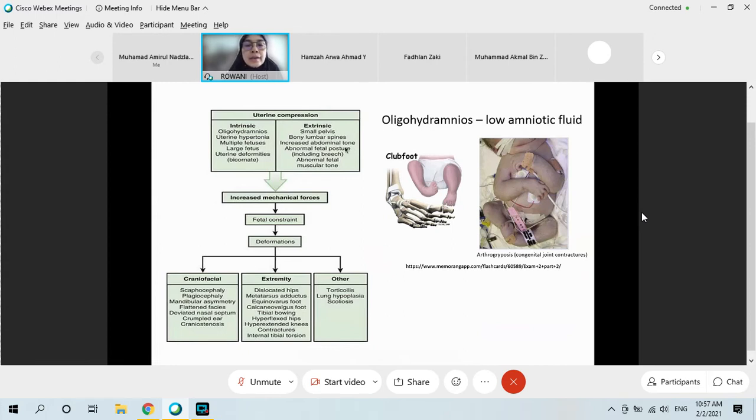This can happen because the child has oligohydramnios, or there are other factors like a small pelvis, or maybe a tumor in the uterus, such as the presence of fibroids, for example.